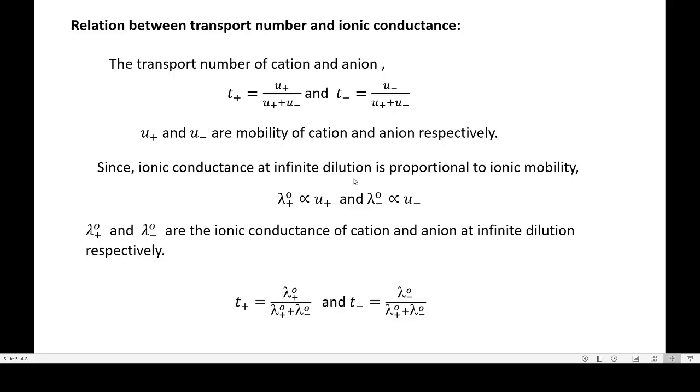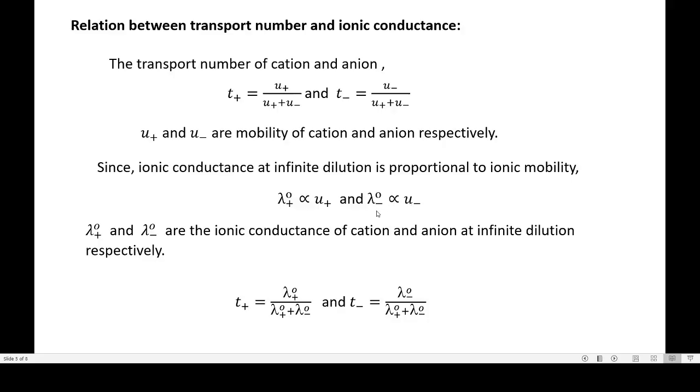Ionic conductance at infinite dilution is proportional to its ionic mobility. So lambda naught plus, that is ionic conductance of cation at infinite dilution, is proportional to its ionic mobility U plus. Similarly for anion, lambda naught minus is proportional to U minus. So now in this expression we can substitute lambda naught plus for U plus, and lambda naught minus for U minus.